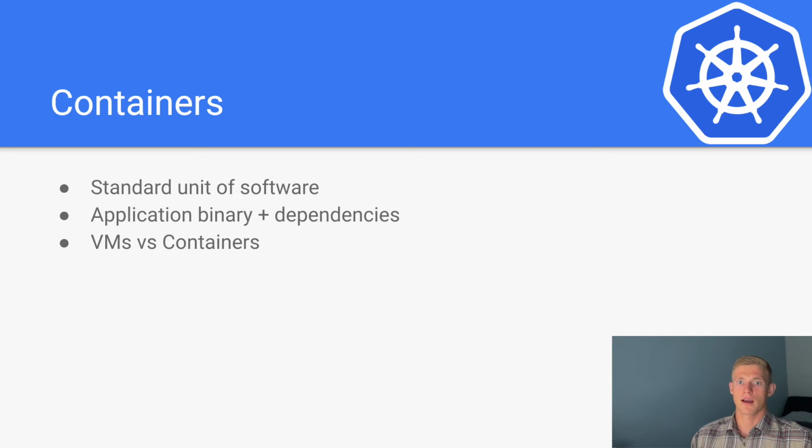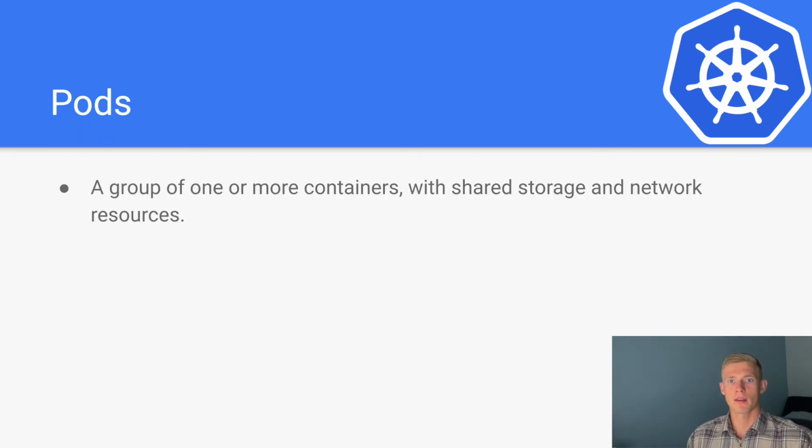So as I mentioned, a container is just an application and its dependencies. With virtual machines, you might have an application, its dependencies, and an operating system. So that's the difference. Pods. Pods are a group of one or more containers with shared storage and network resources.